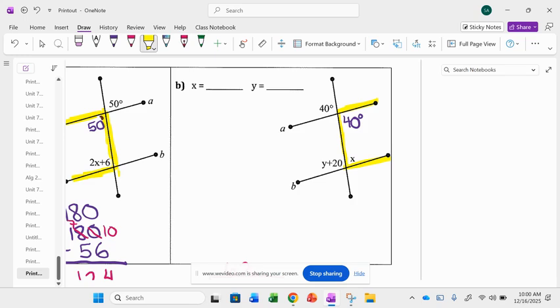In the C, they add up to 180. So if one armpit is 40, won't the other armpit be 180 minus 40, which is 140? So angle X is 140 degrees. Are we good so far?